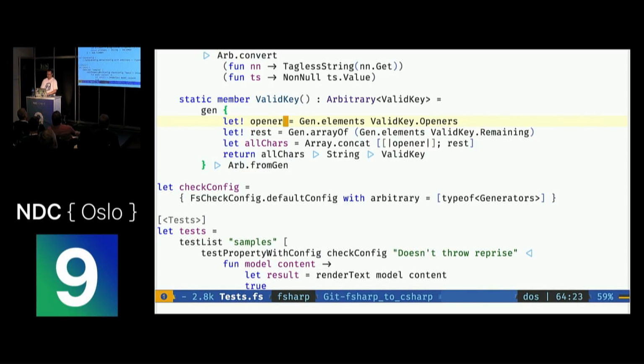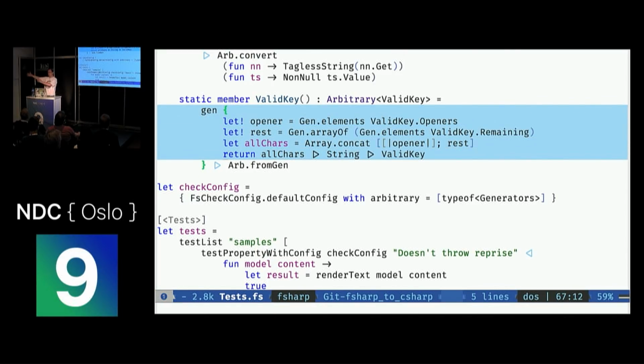The only thing to be aware of here is that with these gen computational expressions, the thing you return here is not a single value, you're actually returning a generator. So what you're building in this block is the logic to generate something. You're not actually generating a particular value. You're building up the recipe for generating things.